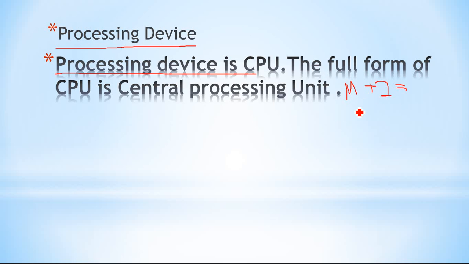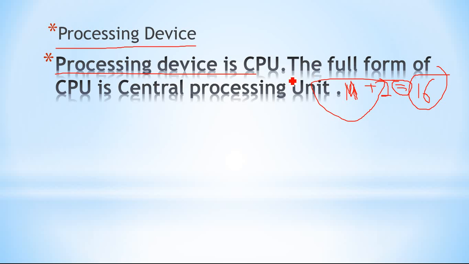Our number will go into the CPU. Then the CPU will think what can be the answer, and it will calculate and give us the answer like this. So this is our input, and here it will process, and this is our output. On the next page I will tell you about output.